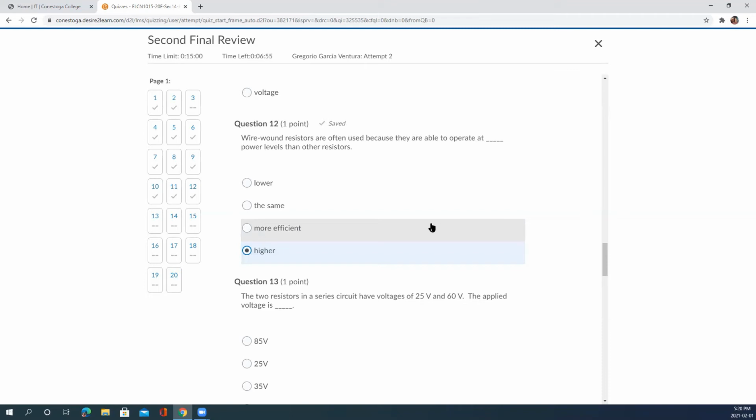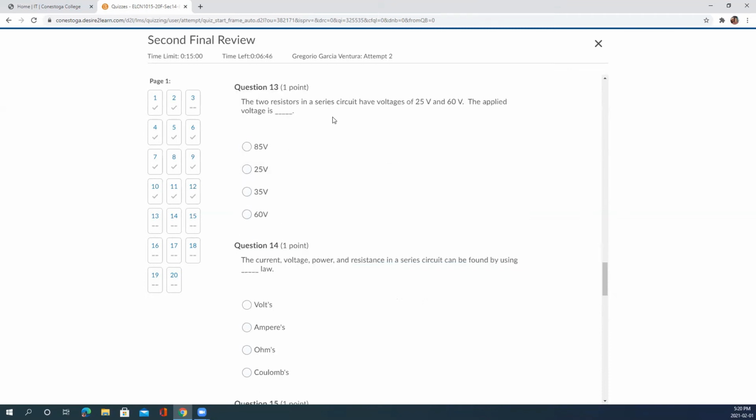So in that manner, they can handle more power. 2 resistors in a series circuit have voltages of 25 and 60. We just got to remember one of the rules for series circuits, which is that in a series circuit, voltages always add up, okay? So in this instance, 25 plus 60 is going to be 85 volts, okay? So as soon as I click that, you were able to see that it was saved.